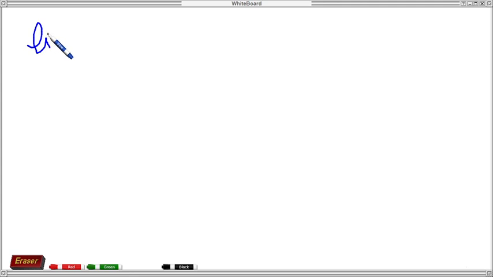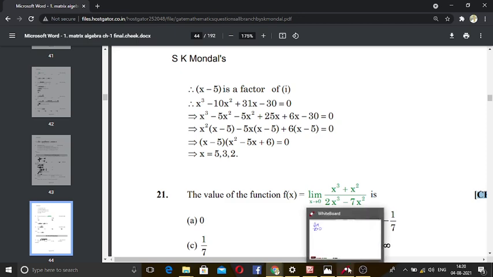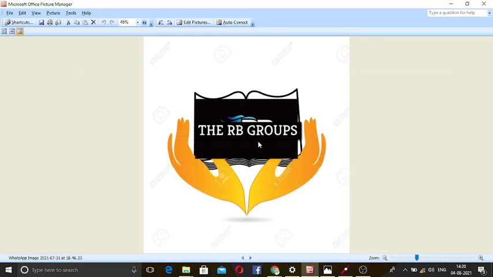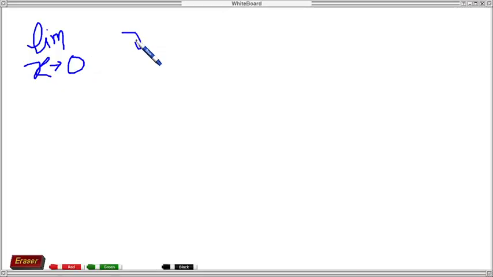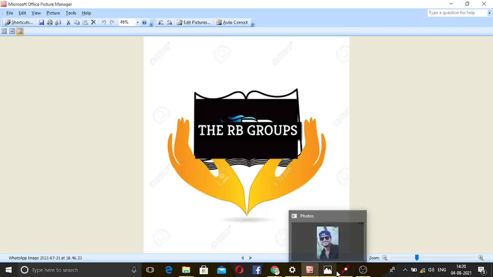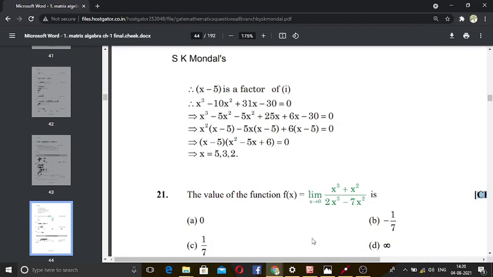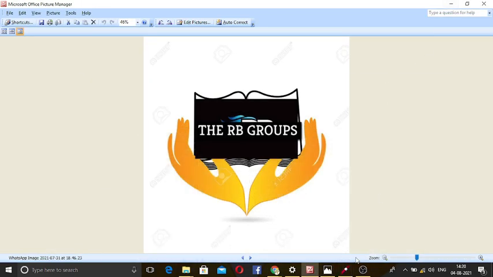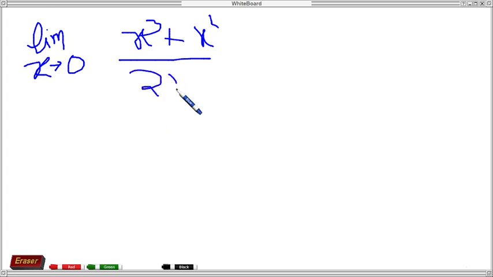The question says the limit as x extends to 0 of x cube plus x square upon 2x cube minus 7x square.